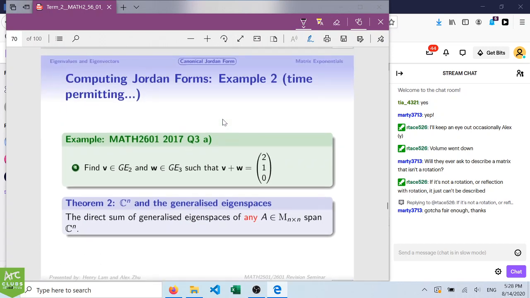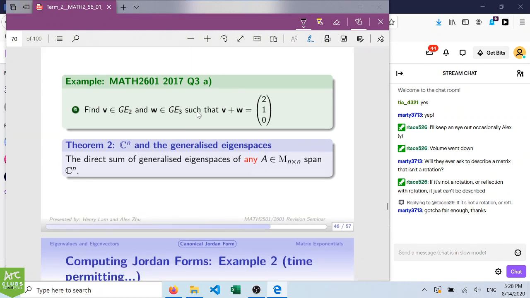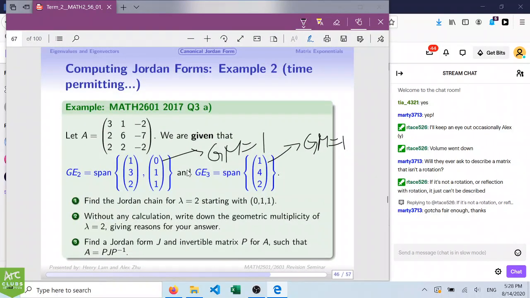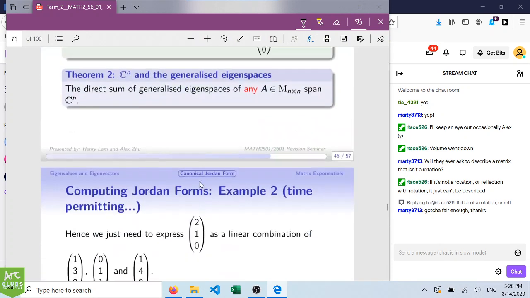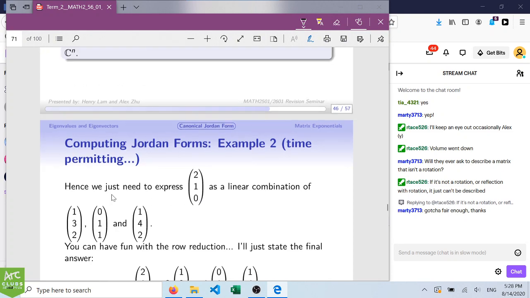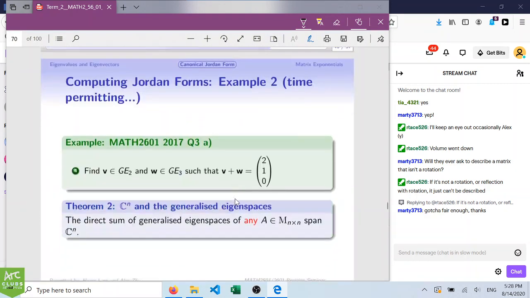Finally, we have example 2, which is the generalized eigenspace. If we have two vectors in two different generalized eigenspaces, we want to find them such that they equal 2, 1, and 0. So GE2, GE3. How do we do that? If we look at the linear combination of any three of these vectors, since they're linearly independent with one another, any linear combination of this will give me 2, 1, and 0.